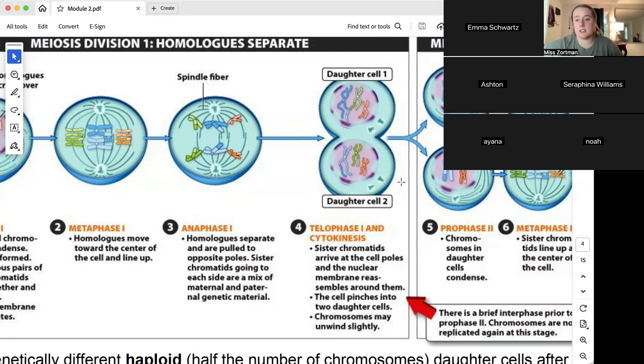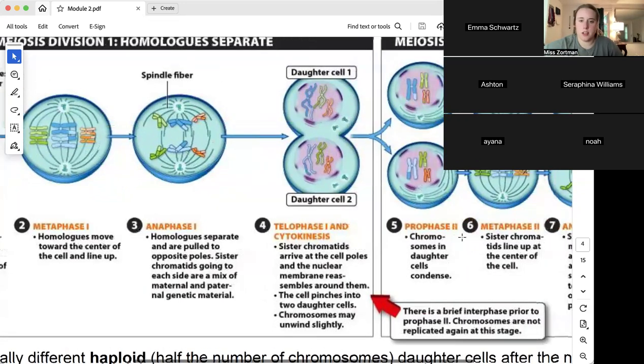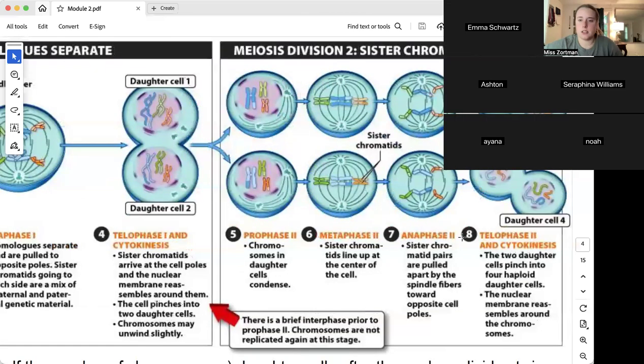So we now need to split up the copies, which is why we do prophase 2. Prophase 2 looks almost identical to mitosis, except it's happening in two cells at once, okay? And instead of the cells being identical at the end, they are all going to be genetically different because of the crossing over that occurred.